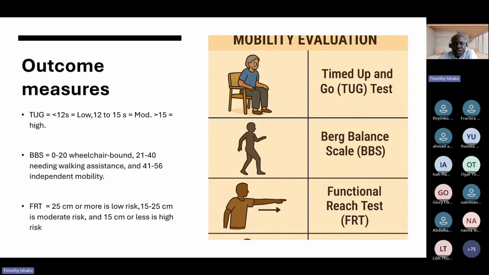In the chat box, I want as many of you as possible, if not all, who have used or are aware of all three in your clinic, not necessarily for falls, but just generally, to put the number 3 in the chat box.